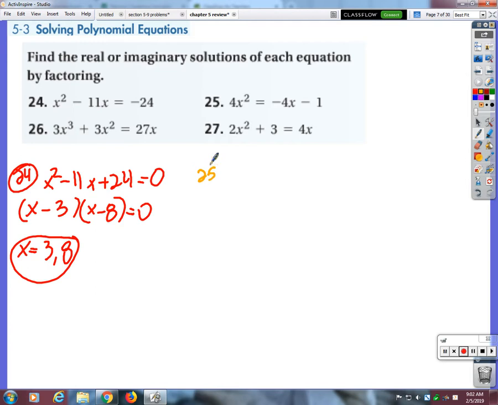25. Alrighty, what do you do first? Okay, good. I have to have this set equal to 0 so that I can factor it. So since I need 4x squared in front, what goes in the front of both parentheses?